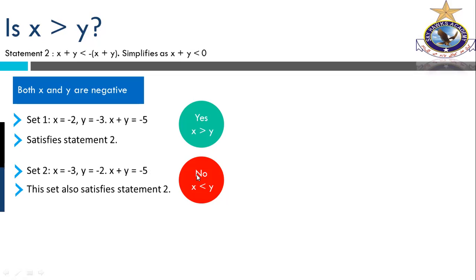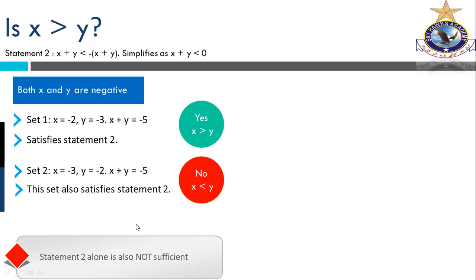So x is less than y. Here we stated that x must be greater than y. Yes, it's absolutely right. But when we are interchanging, our answer is no. So with a different set of data, we are getting two possibilities. One time we are saying yes, and at the same time no. There's a conflict.